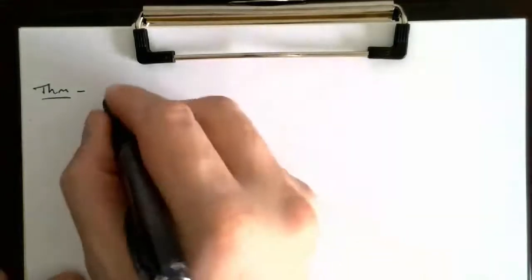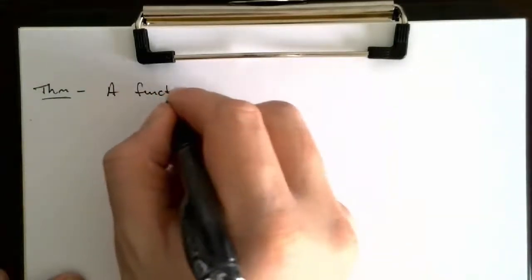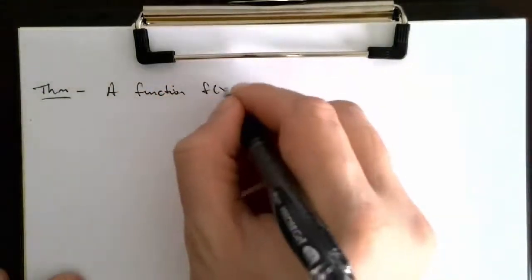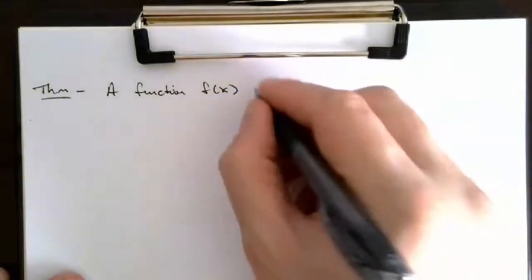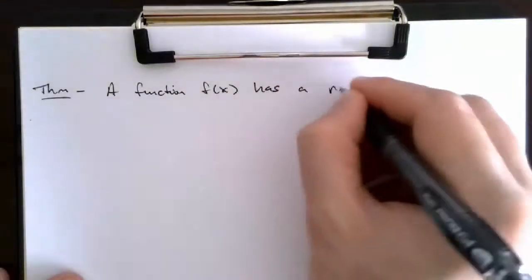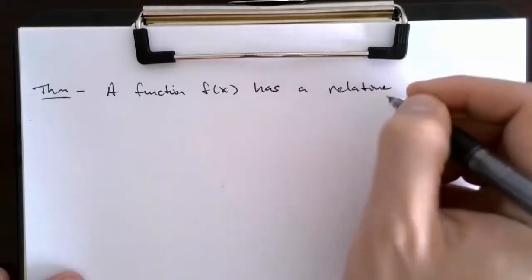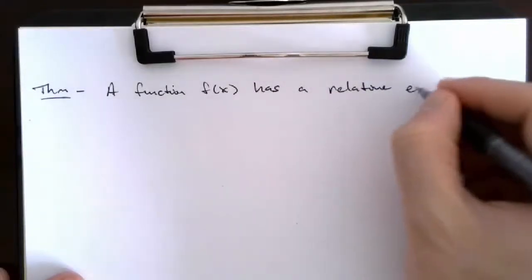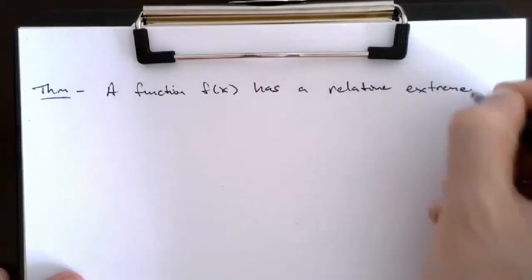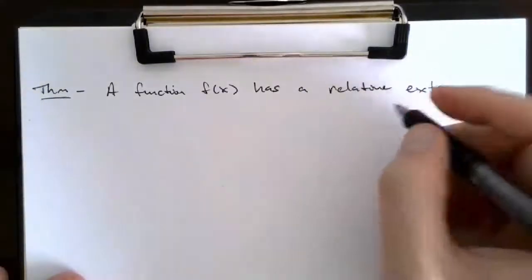really says this a little more explicitly. The theorem says a function f of x has a relative extreme value. When I say relative extreme value or relative extrema, we're talking a relative maximum or a relative minimum.